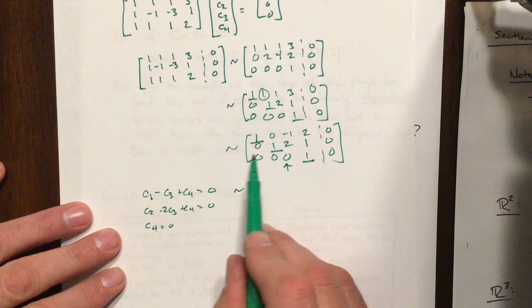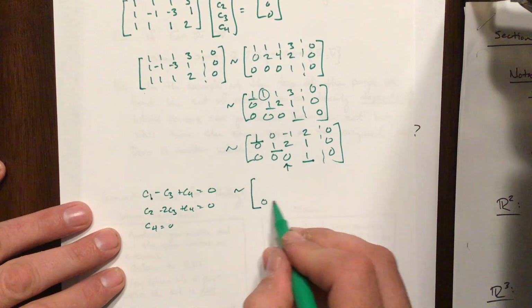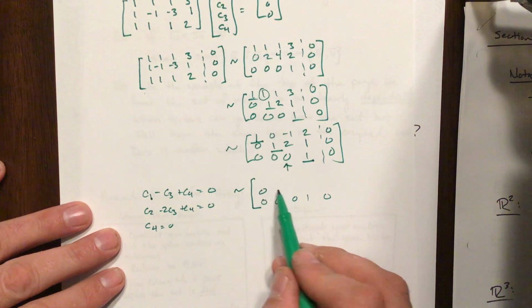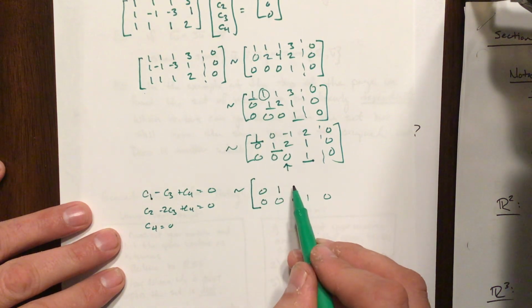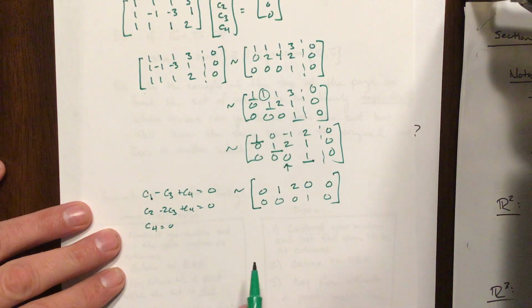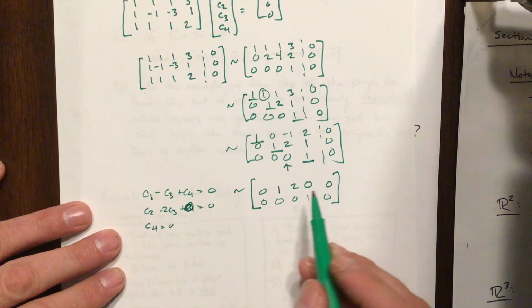If I subtract row 2 and row 3, 1 minus 0 is 1, 2 minus 0 is 2, 1 minus 1 is 0. So now I know that C4 is equal to 0, so that's a 0 right there.